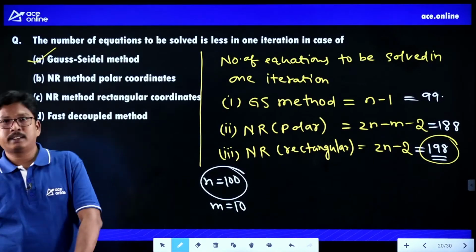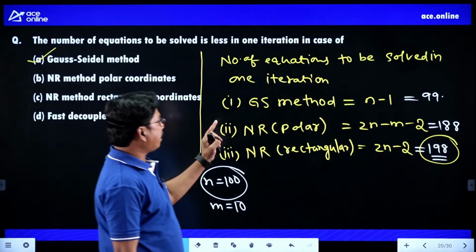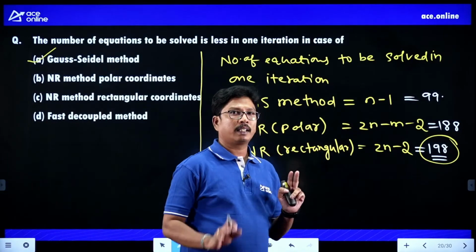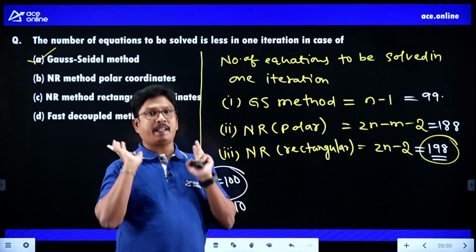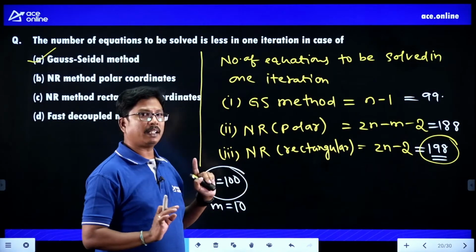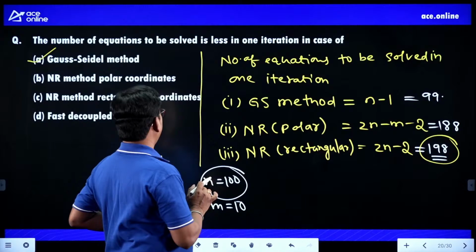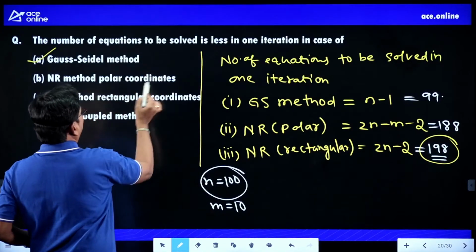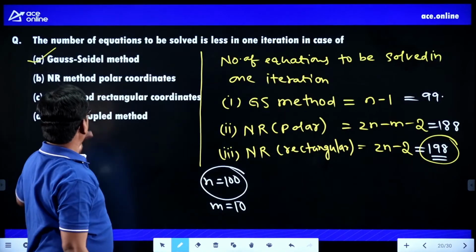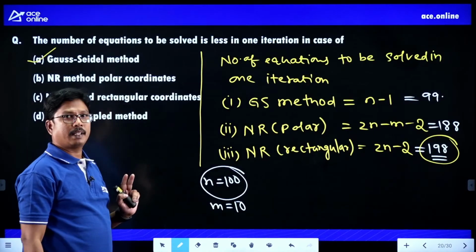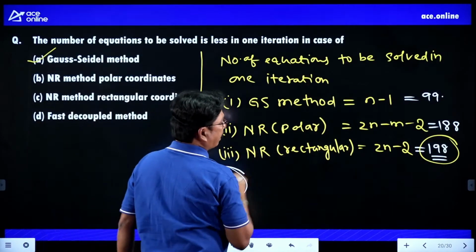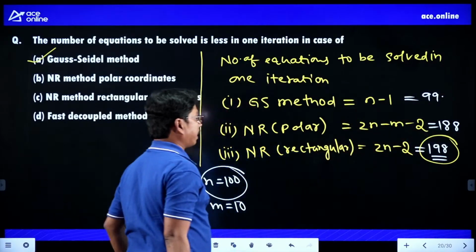Convergence time. See, students, in case of the GS method, the overall time of convergence will be very high. So it is taking high time for convergence, whereas the NR polar method, right? So we are having NR polar and NR rectangular. We are not going to consider NR rectangular. Why?